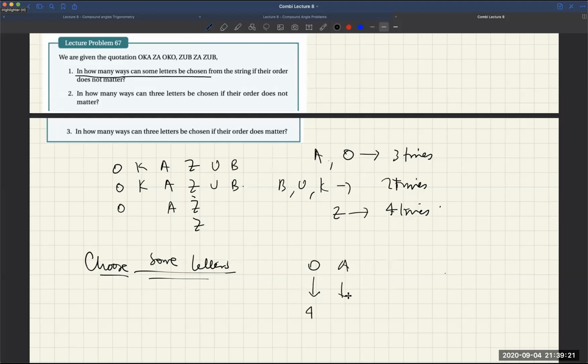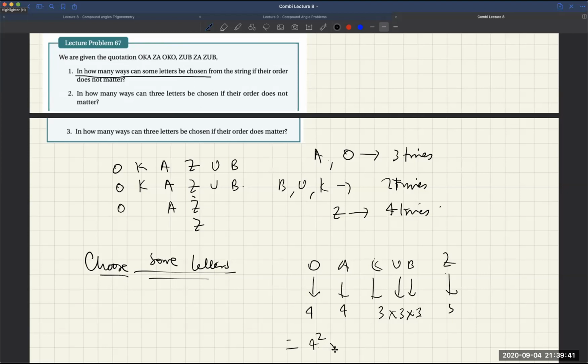Even A can be chosen in 4 ways, because not choosing is also a way. Then K, U, and B can each be chosen in 3 ways. Am I clear? Then Z can be chosen in how many ways? 5 ways, correct?